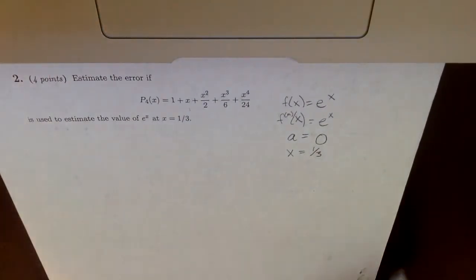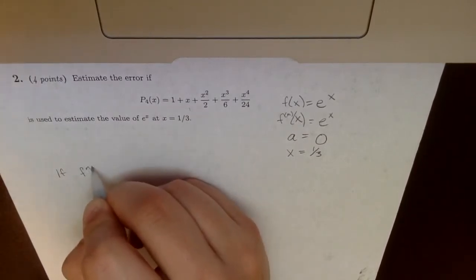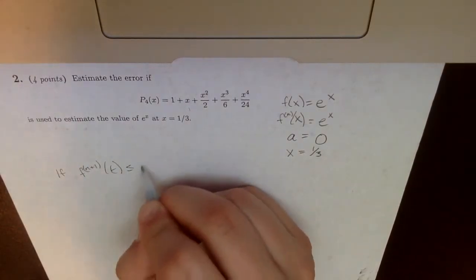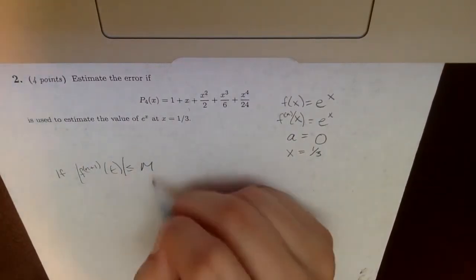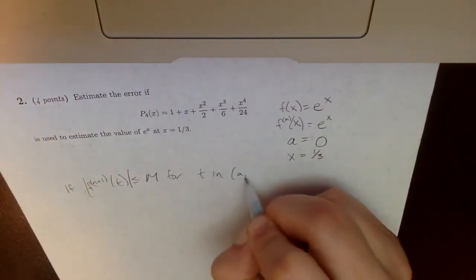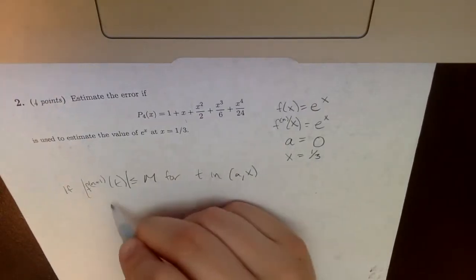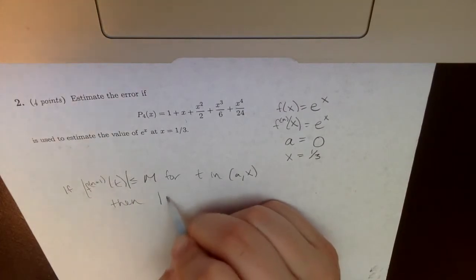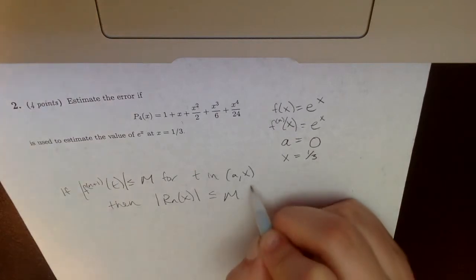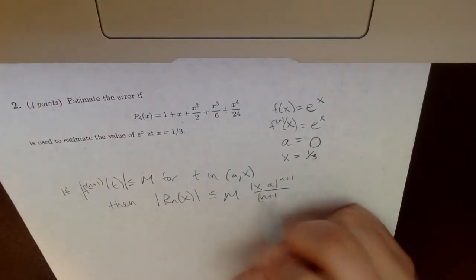Now, the remainder theorem says that if the n plus 1 derivative is bounded by some m for all t in our interval from a, the center of our polynomial, to our specific x value, then the remainder, or the error, is going to be bounded by m times x minus a to the n plus 1 over n plus 1 factorial.